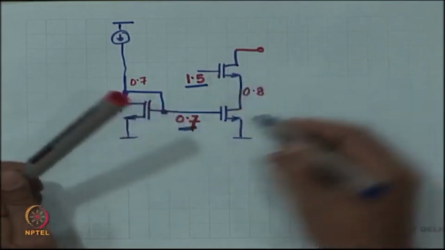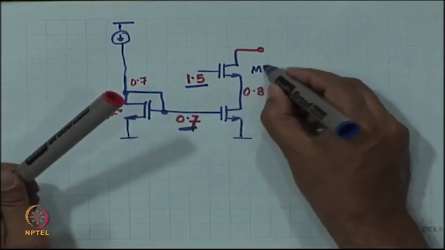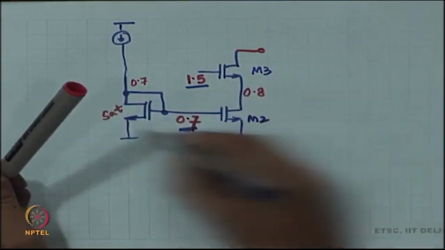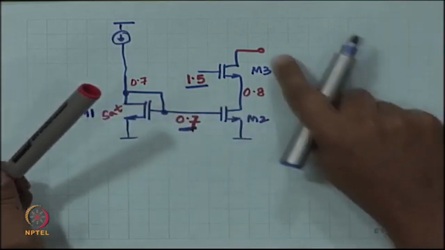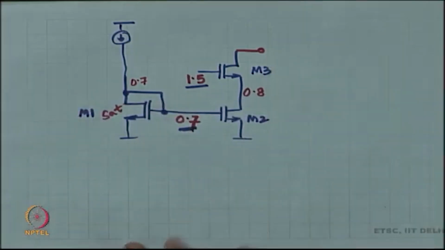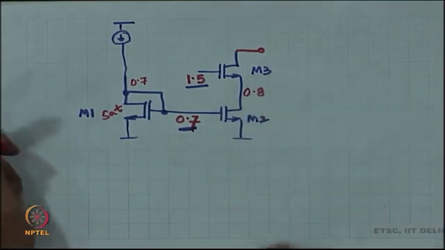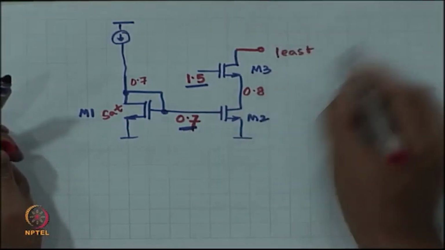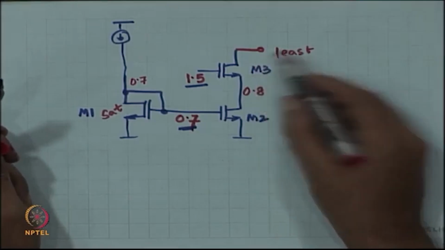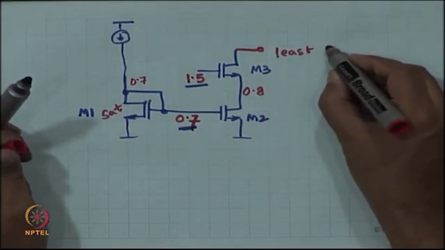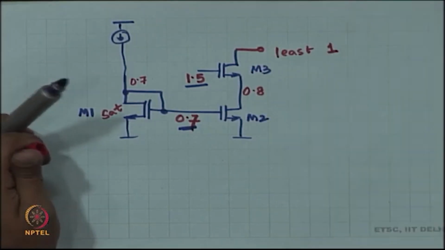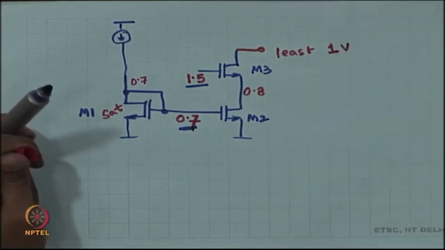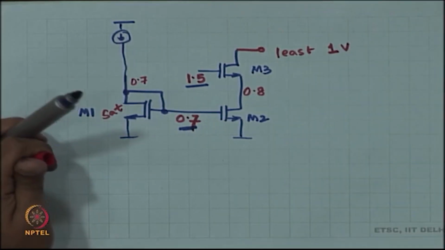To maintain M3 in saturation, what is the least voltage at the drain of M3? How much? 1 volt is the least.